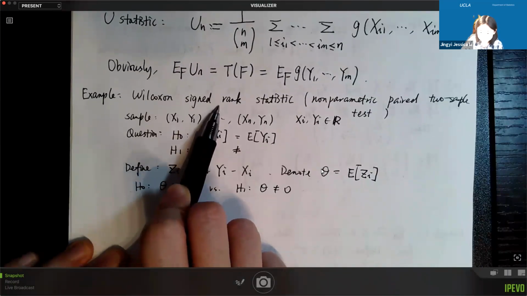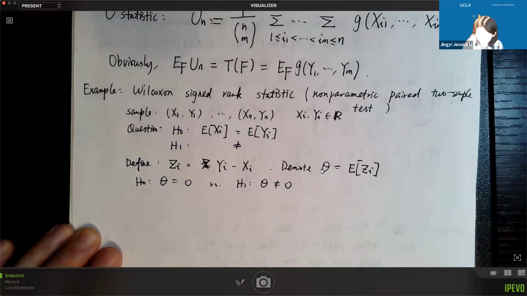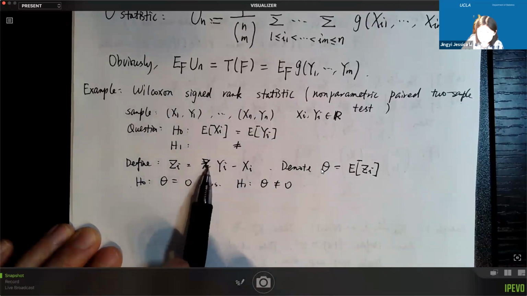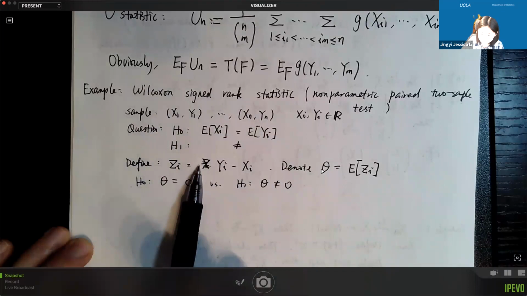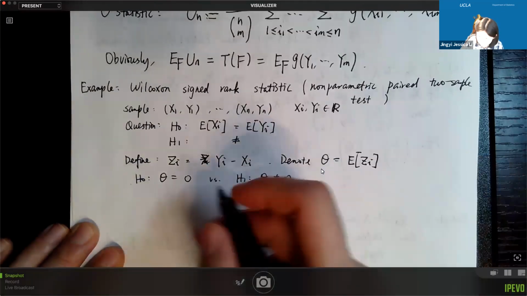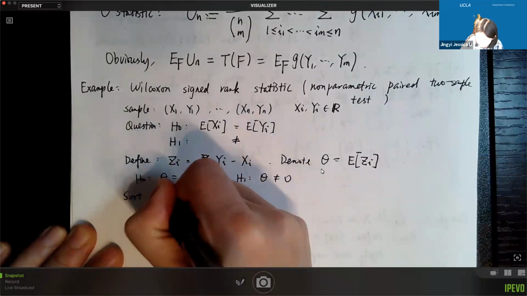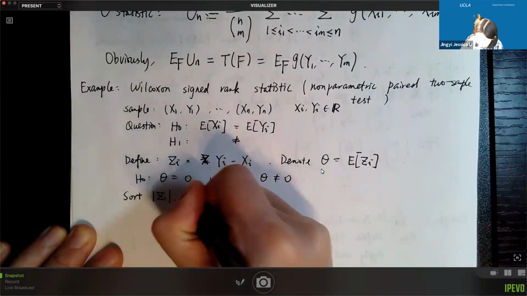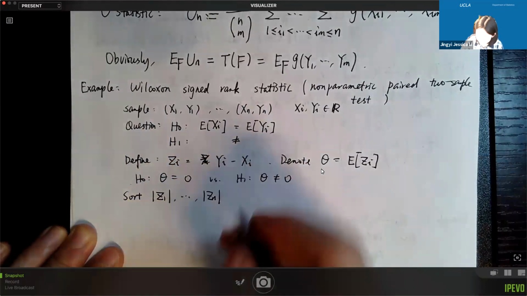So we basically sort the absolute values of z1 to zn.